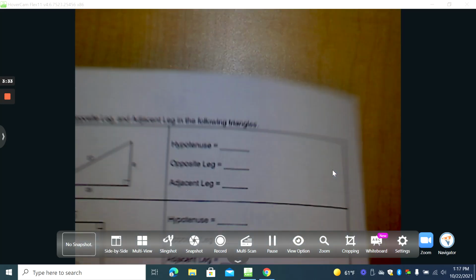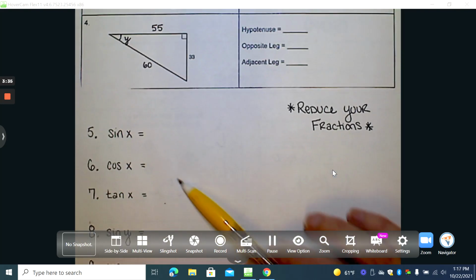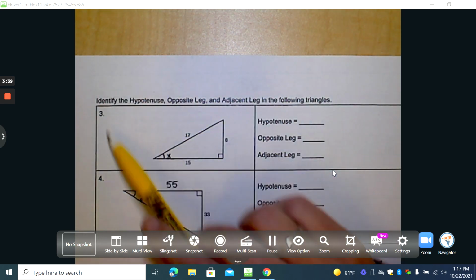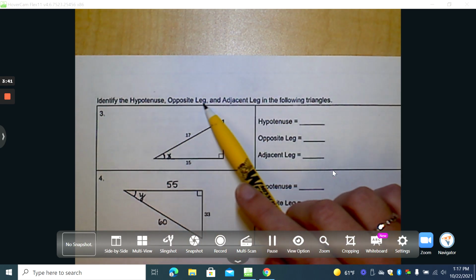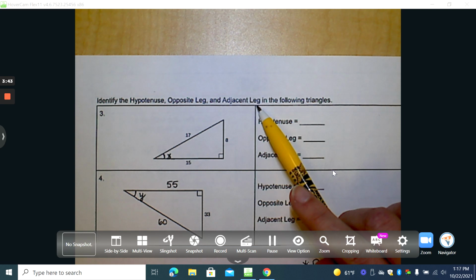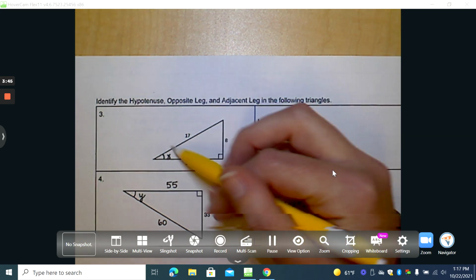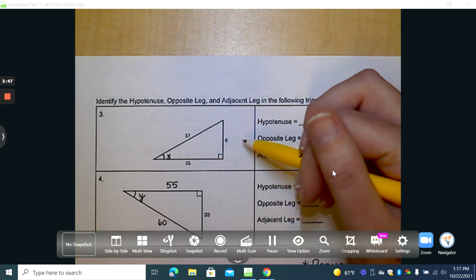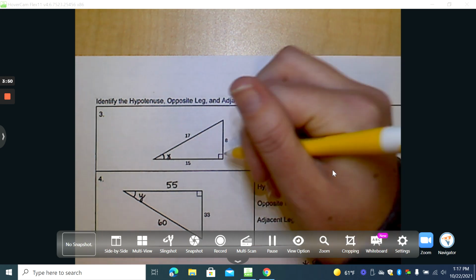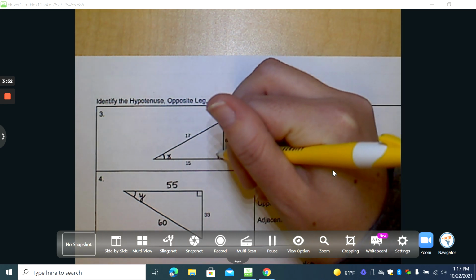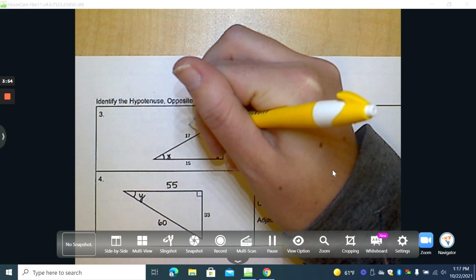Now, when we flip over to the back side and start identifying sine, cosine, and tangent, the very first thing we want to do is first identify hypotenuse, opposite leg, and adjacent leg. So if I'm looking at angle X, the hypotenuse is always dependent on my right angle. So here's my right angle. My hypotenuse is across from that.